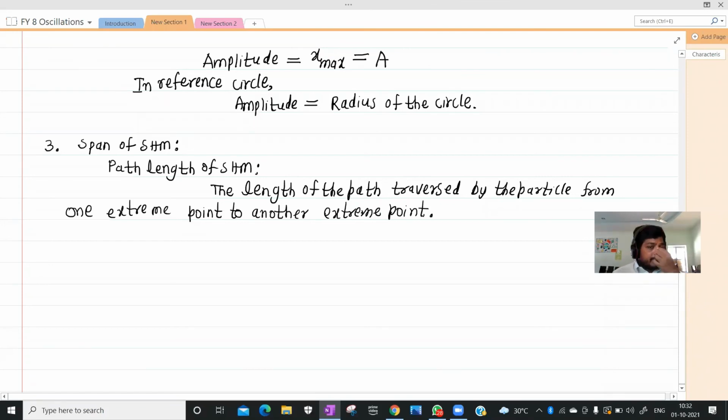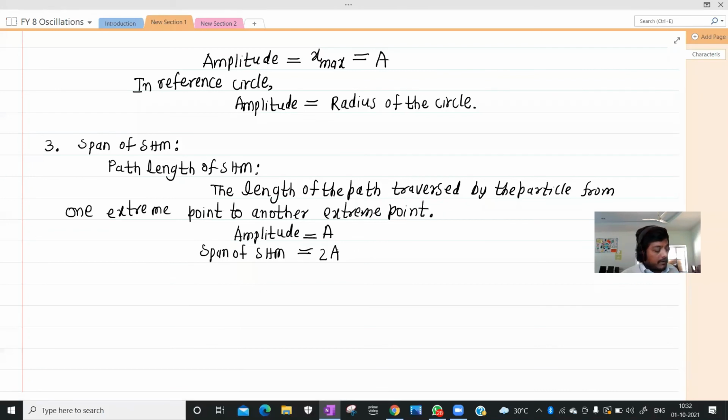That is called the span of SHM or path length of SHM. So if the amplitude of the particle is capital A, what is the span of SHM? 2A. Span of SHM is equal to 2 times capital A. Is it fine?